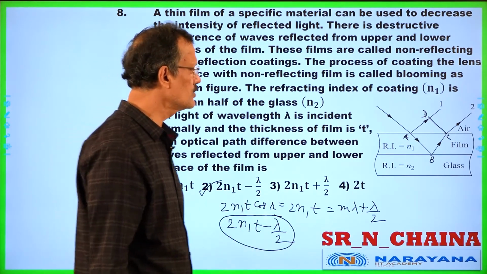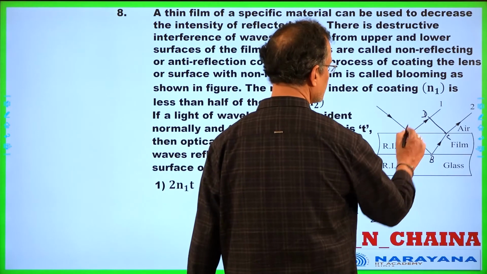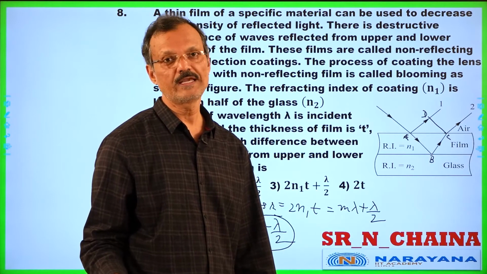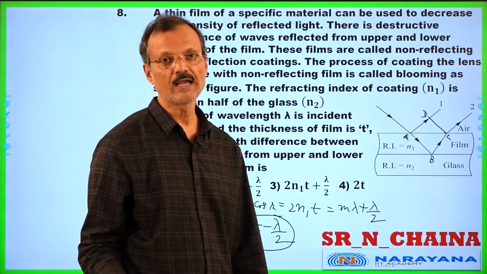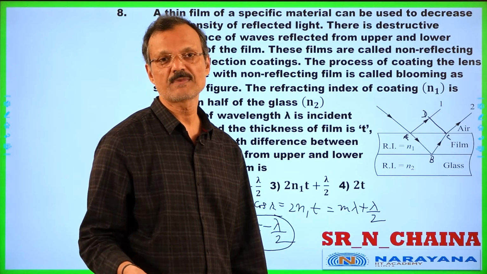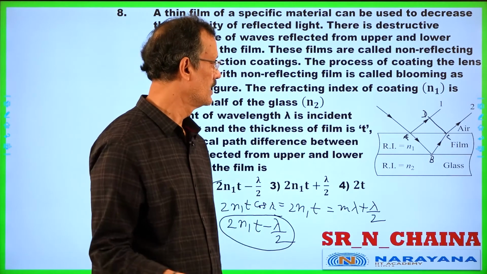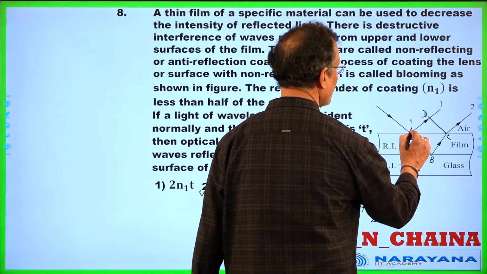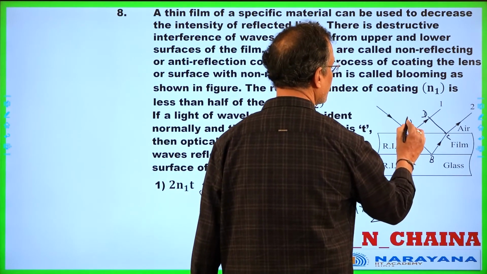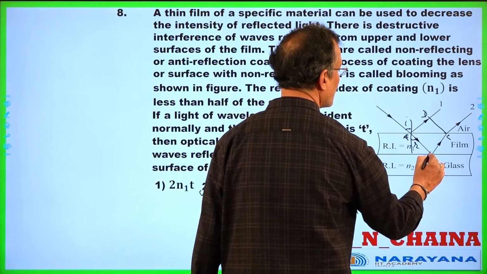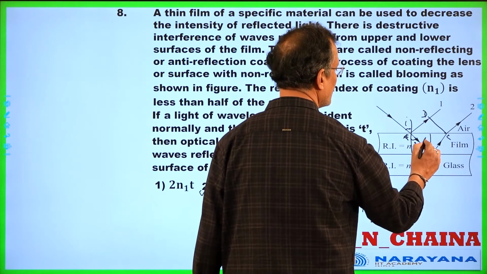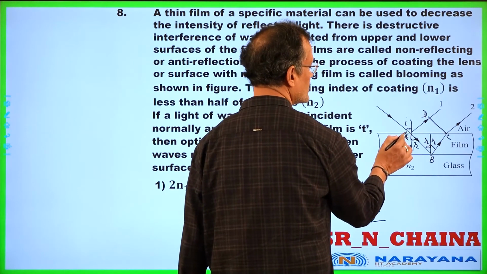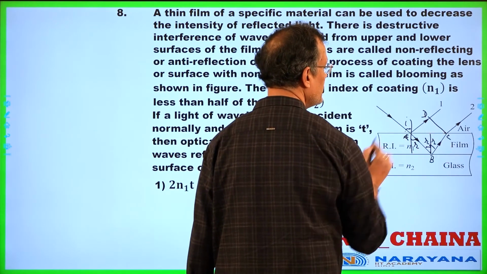Or if you want to calculate, very simple, either you use the formula 2 mu t cos r and equate it to (2n plus or minus 1) lambda by 2. Or if you really want to calculate from theory, you take the angle i, this will be r, drop a normal here, it will be r again. Then your path difference will be AB plus BC.